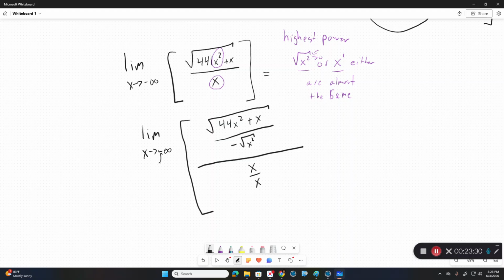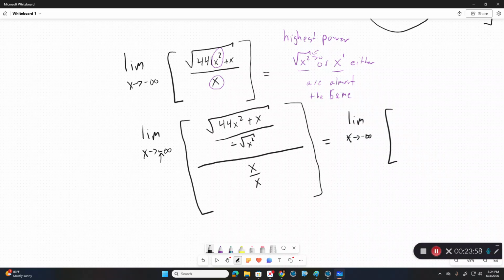Why negative? It's because we're taking a limit as x approaches negative infinity, and we don't want to lock ourselves into choosing this thing being always positive. We have to sort of make it be negative in order to satisfy this. If this negative sign weren't here, we wouldn't be doing that specific one. Okay? Now, can we simplify this at all? And the answer is, of course, yes, x approaches negative infinity.